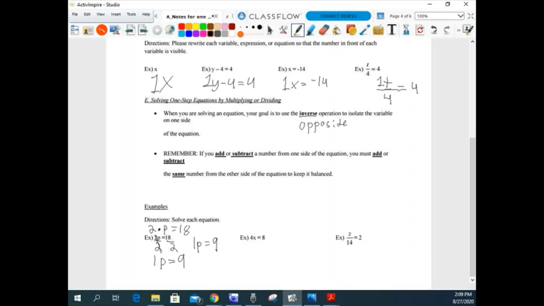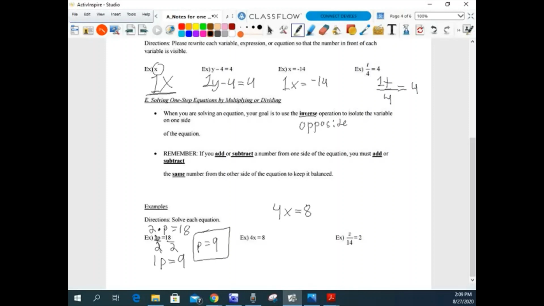And now, we just mentioned before, when a variable has a 1 in front of it, that is also the same thing as the variable being by itself. So not only can you go from by itself to writing a 1, if it has a 1, you can write it by itself. So I can erase this 1 and just have p equals 9. And that's the answer. Let's move on to this next example. 4x equals 8.